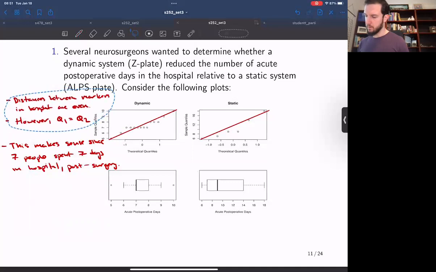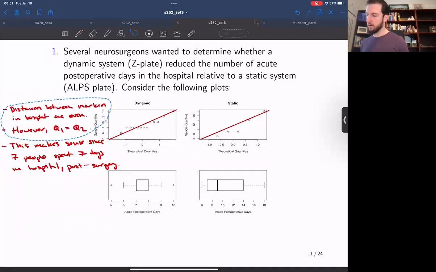The point that I'm trying to make with the dynamic plots is that for the most part, the data actually looks pretty symmetric. The median being equal to Q1 is due to repetition in the data set.